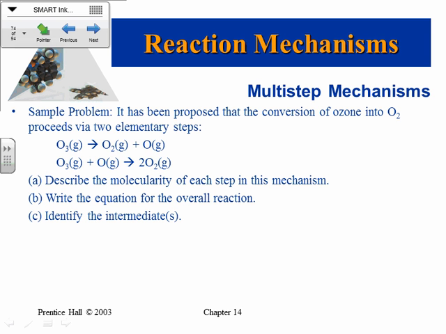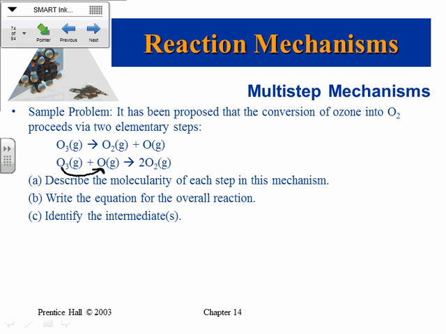This is a breakdown of ozone. So the first step in that most likely would be that the O3, ozone, breaks down into O2 plus just oxygen. Okay? And then the second step there is that O3 reacts with oxygen, and then that's going to make two O2 molecules.